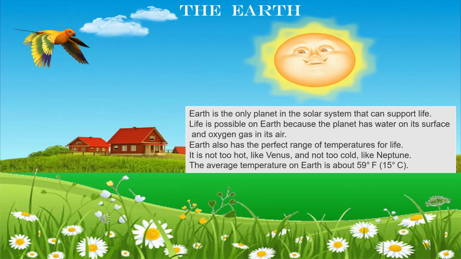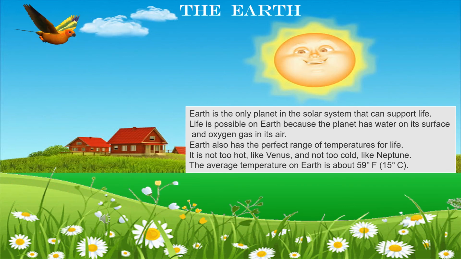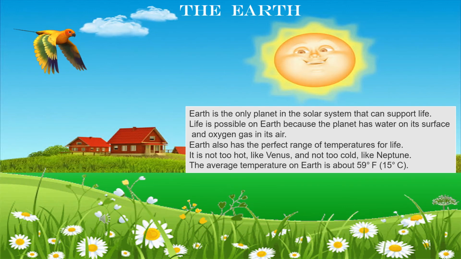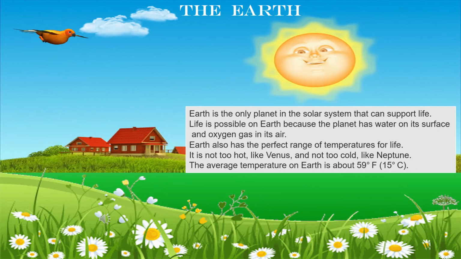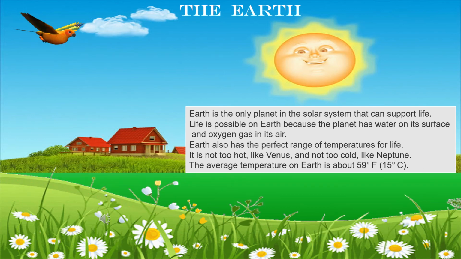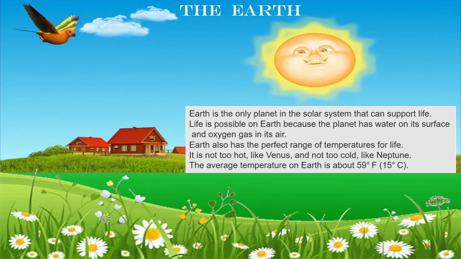So some planets are very near to the sun and they are getting too much heat, so they are so hot, life is not possible on those planets. And some planets are very much far from the sun, so they are so cold because they are not getting as much heat as is required for human life.